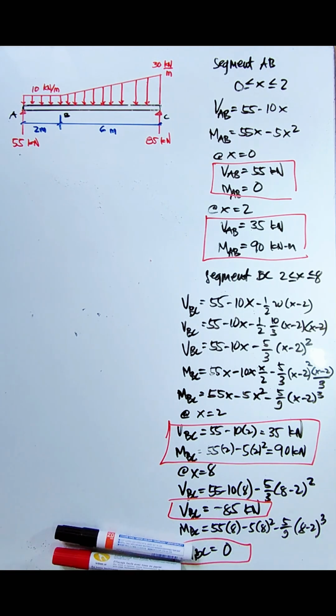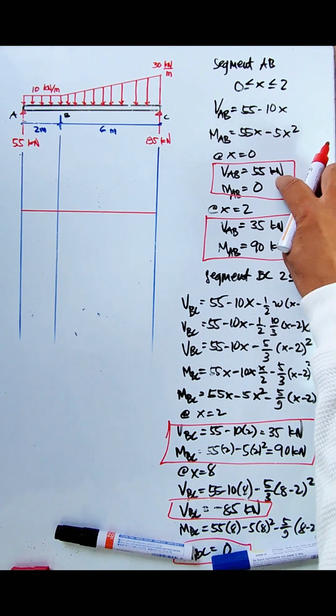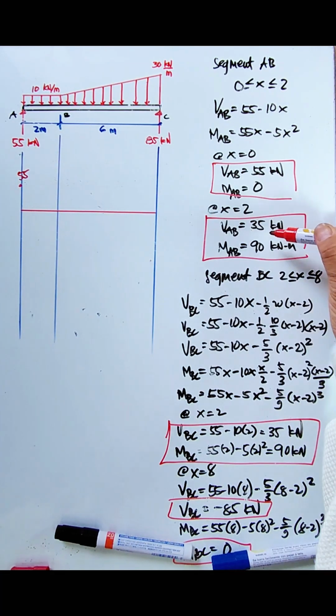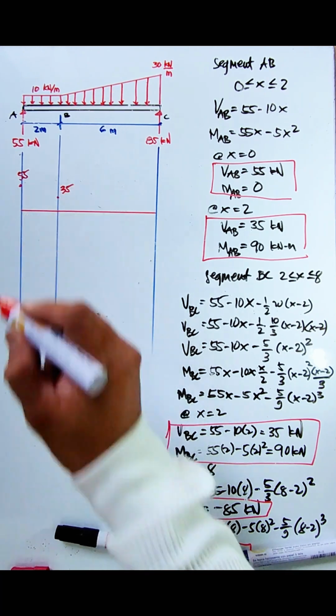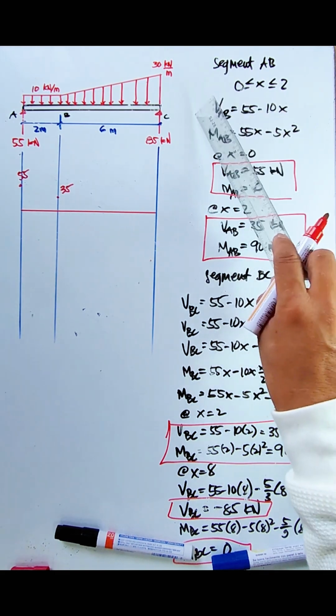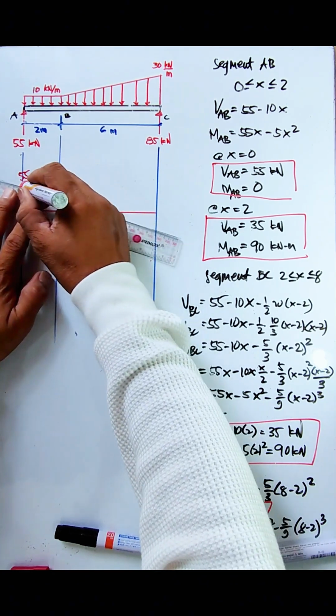And this. So at x equals 0, this is 55. At 2, this is 35. So how are we going to connect these two points? Let's look at the equation. It's a linear equation. That means just a line.